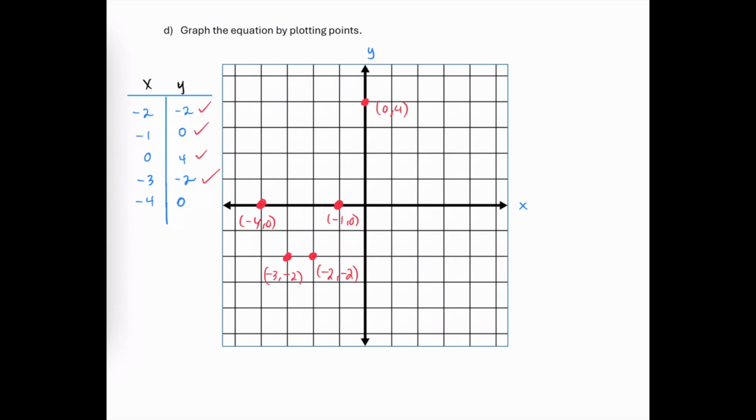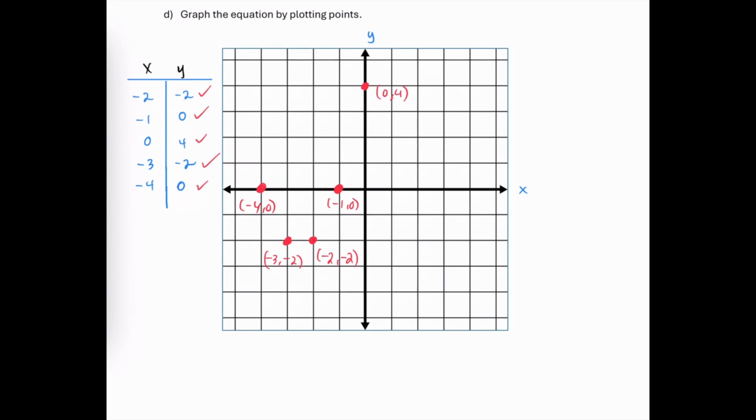Now, our graph is starting to take shape, but what we would see if we continued to graph all of the ordered pairs that are ordered pair solutions to the equation, that collection of points graphed on the Cartesian plane would connect to give me the graph of the equation.